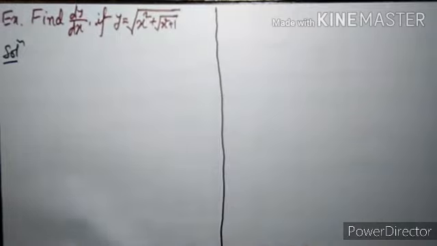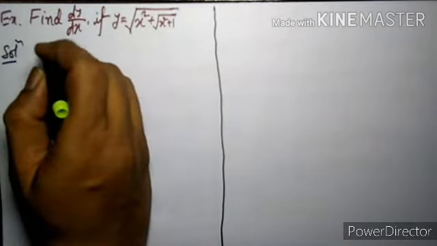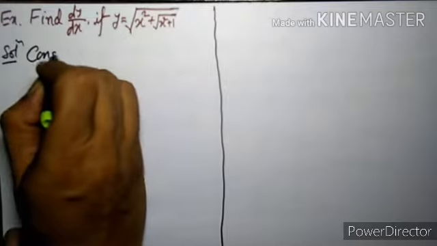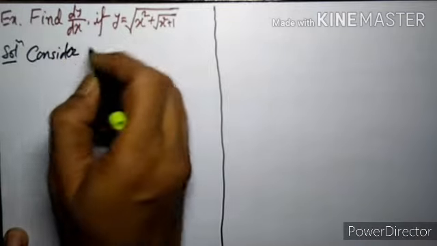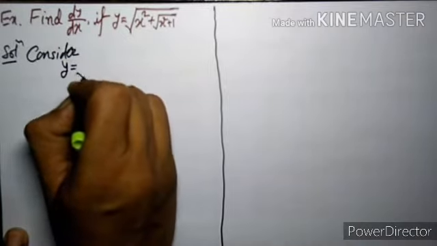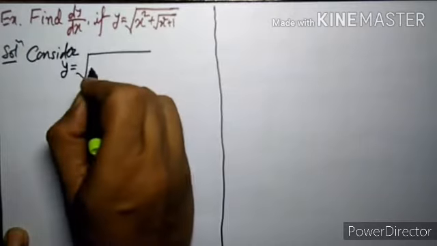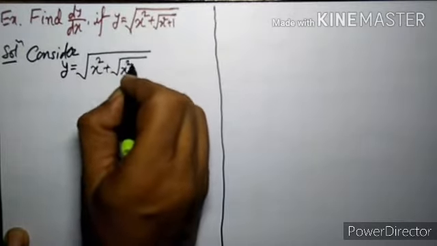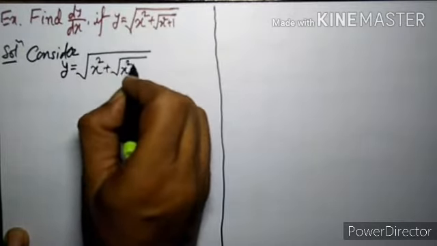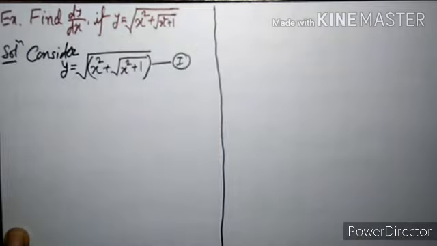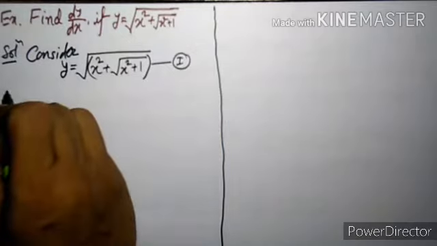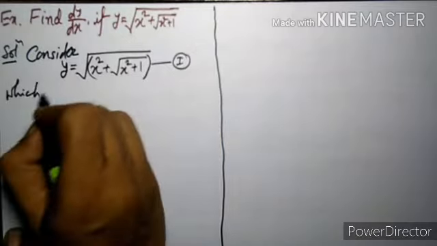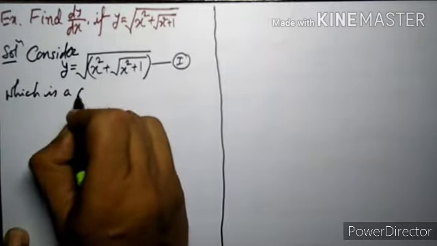Now I will consider the given function first. y is equal to root of x square plus root of x square plus 1. I will call this 1. And now I will put the bracket to the inner function, which is a composite function.